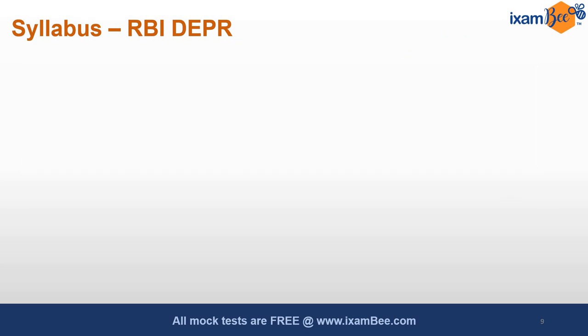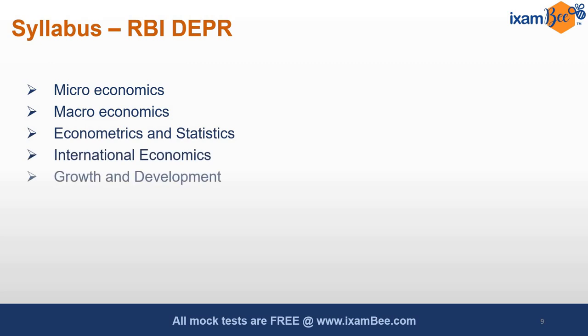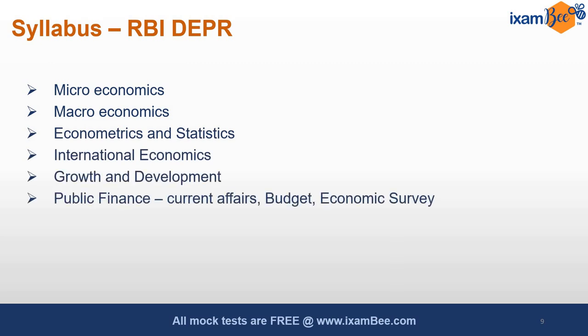Now, since the syllabus is not prescribed in RBI DEPR, looking at previous year trends, we know that broadly these subjects need to be covered: microeconomics, macroeconomics, econometrics and statistics, international economics, growth and development, and public finance, that is, current affairs relating to the budget and economic survey. Current affairs and the budget and economic survey are mostly important for your paper 2, which is the descriptive type examination.